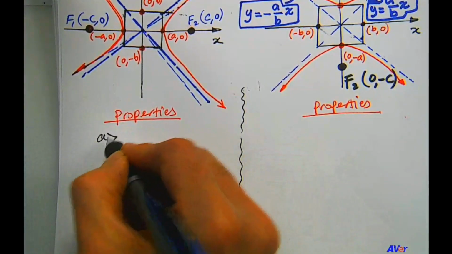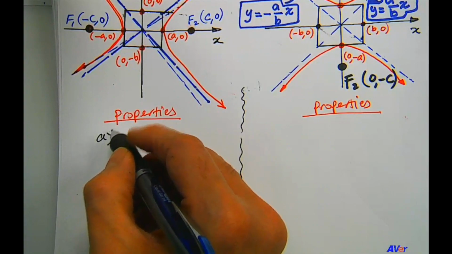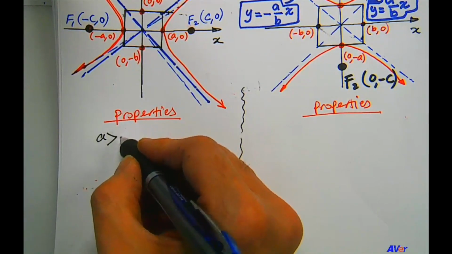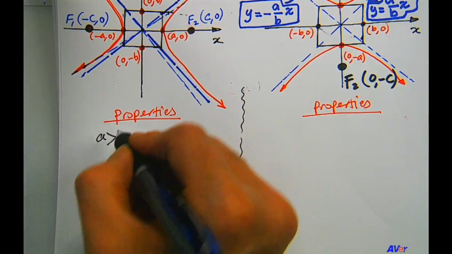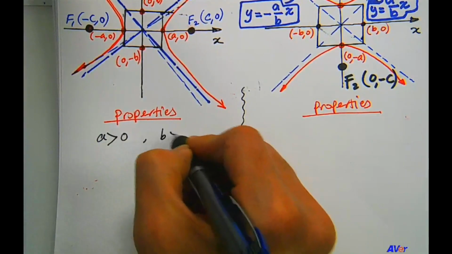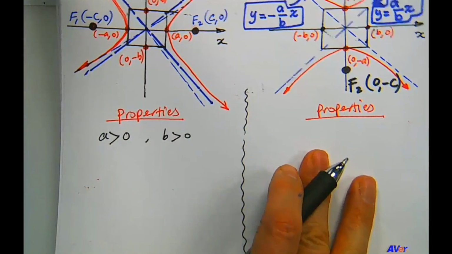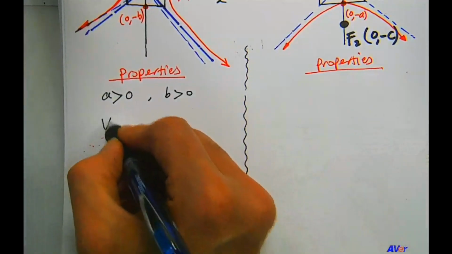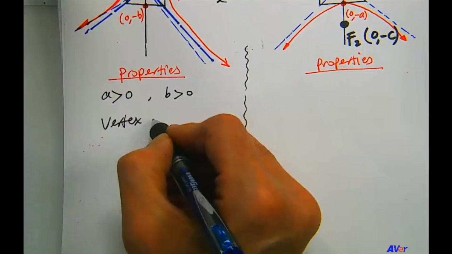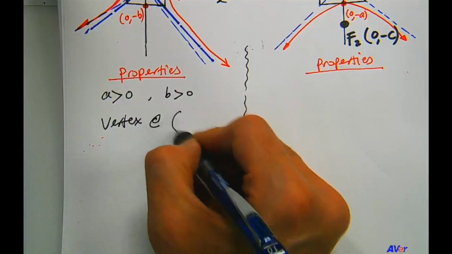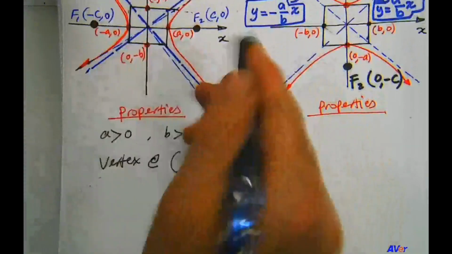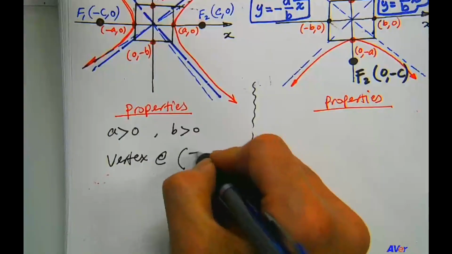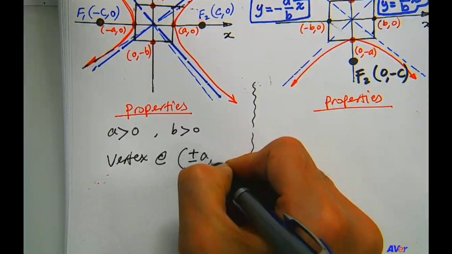So here we have that A is greater than 0, B is greater than 0, and then the vertex, because this is a horizontal hyperbola, is at plus or minus A comma 0.